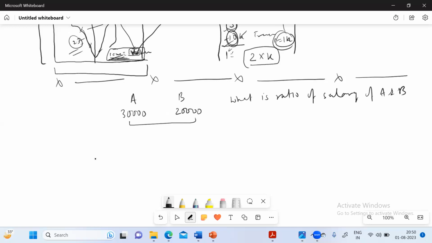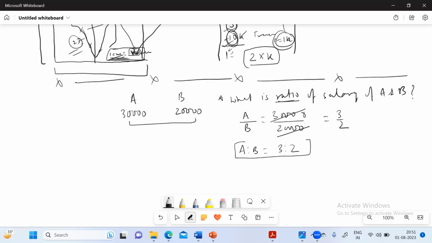what is the ratio? Here the ratio means we need to take the least integers possible with which we can compare the salary of A and B. So A is to B is 30,000 by 20,000, and after dividing it by 10,000 we get 3 by 2, and then we write A is to B equal to 3 is to 2.